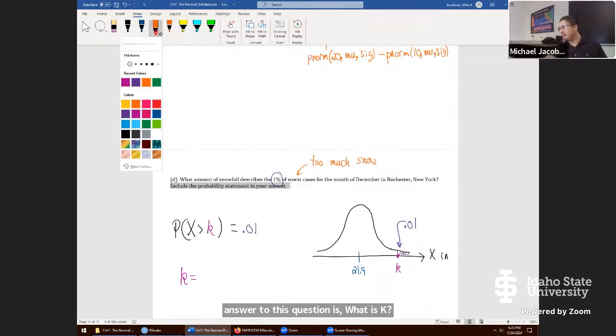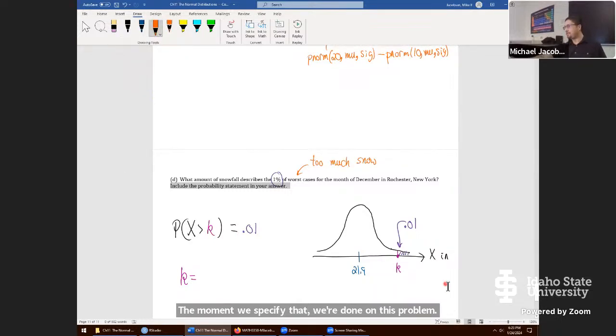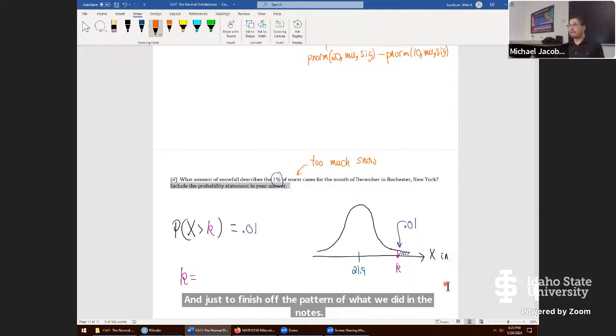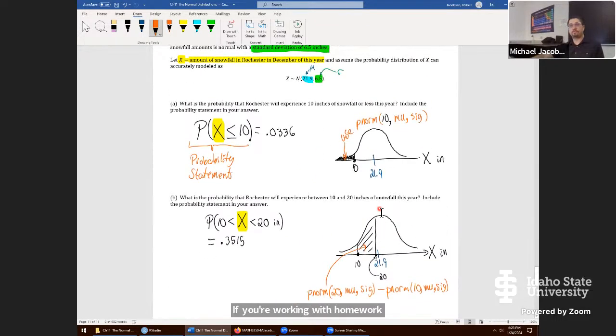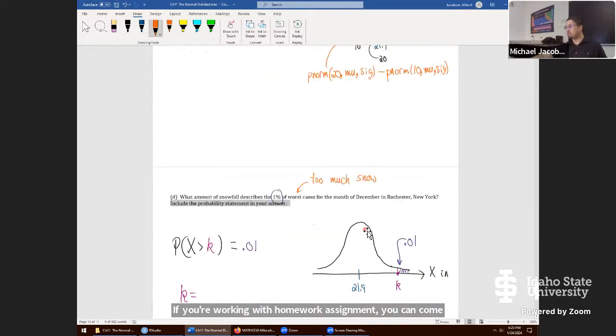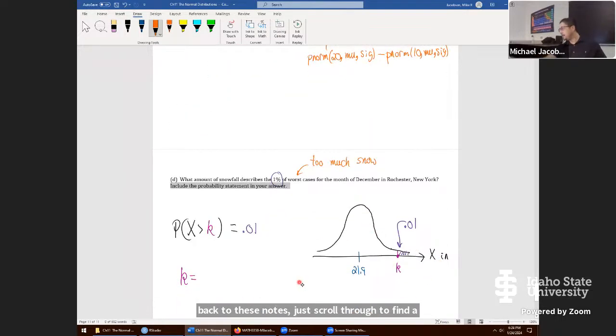And just to finish off the pattern of what we did in the notes, if you're working a homework assignment, you can come back to these notes, just scroll through to find a problem or statement similar to yours. And if you scroll to this one, here's the syntax you would use. To get that K, it's qnorm. Any volunteers for the first input you would throw into that qnorm function?